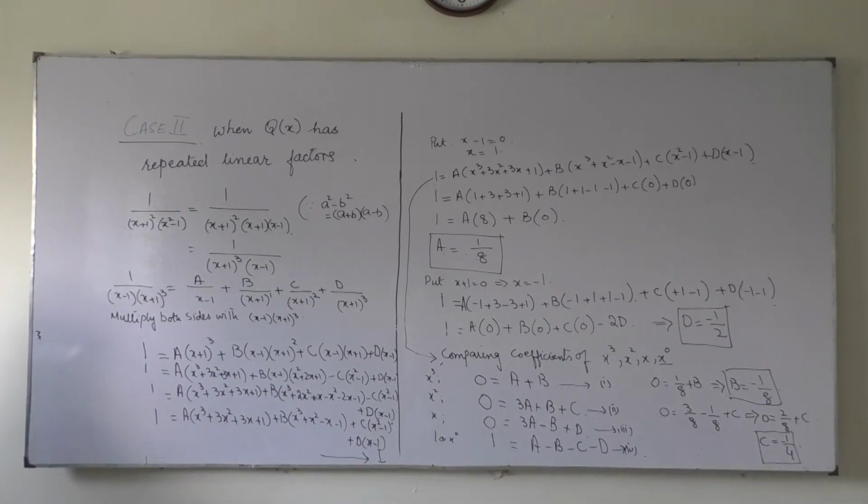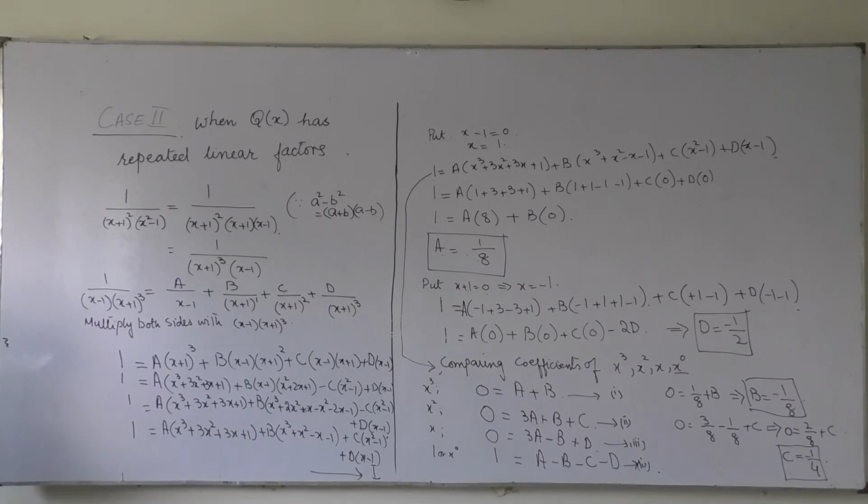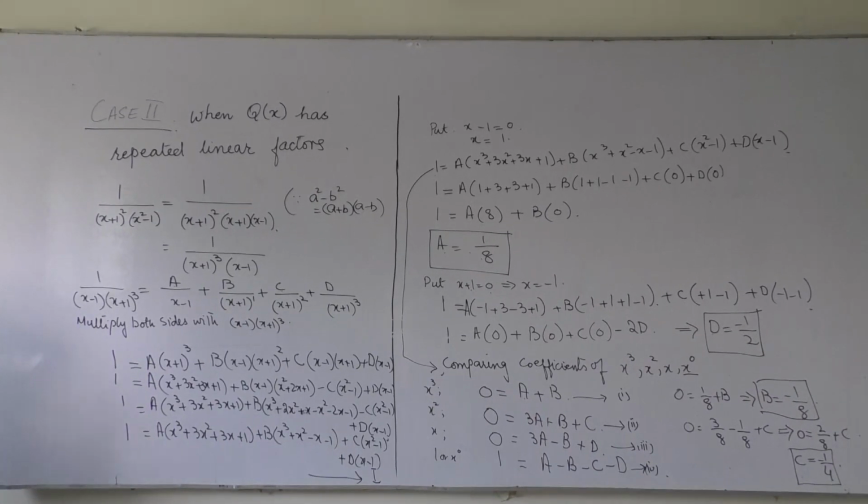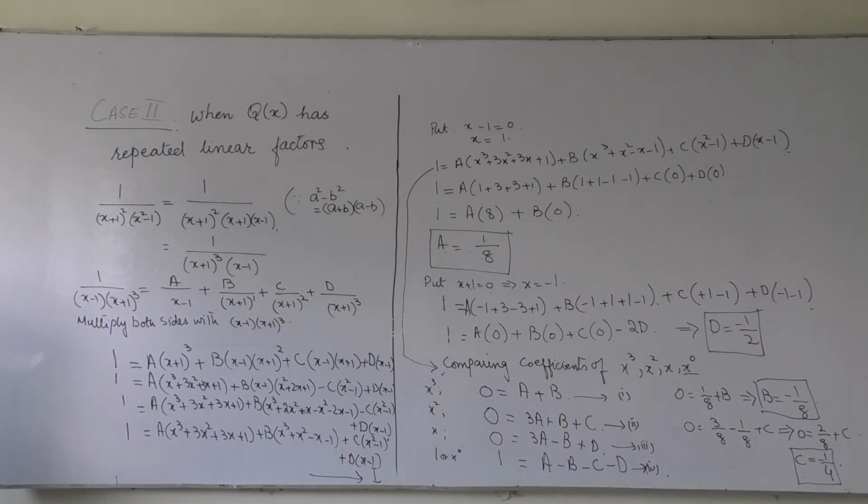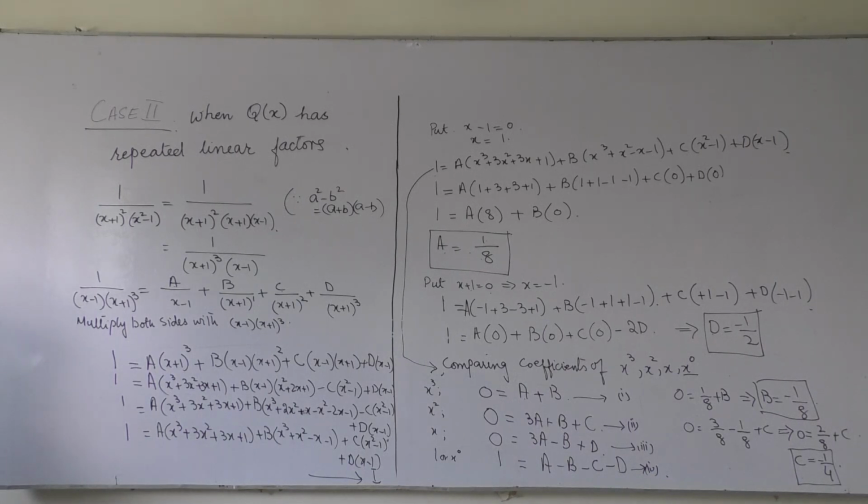In second part, in third, fourth, fifth, sixth, 7, 8, 9, 10, 11, 12. There are 12 questions, and in all these questions, we will apply method of repeated linear factors. Case 2. I hope you understand and you will successfully solve this exercise.